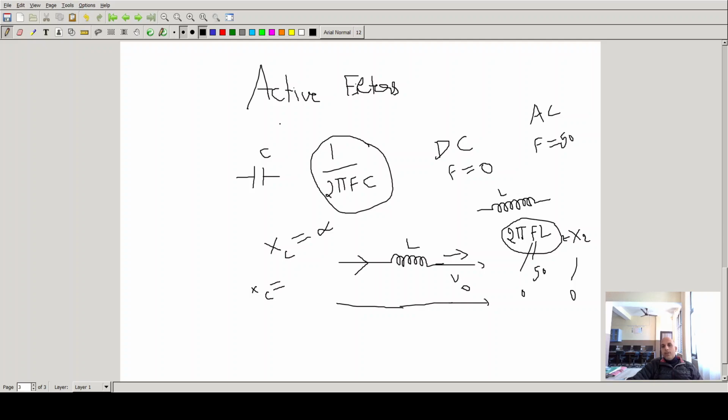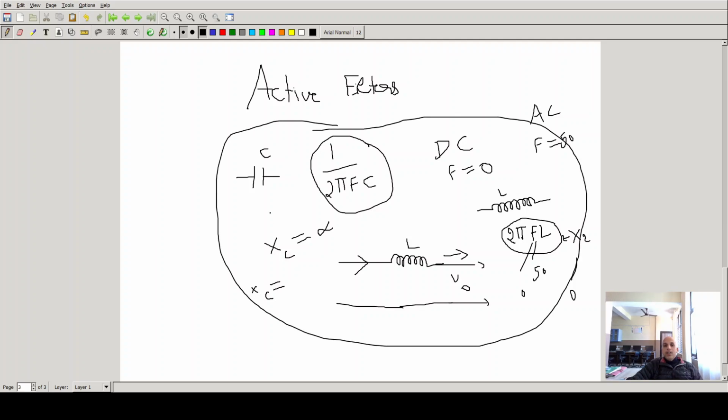So now I'm coming to active filters. We have learned the basic concept of filters, this capacitor and this inductor. So we learned that a capacitor should be connected in parallel, whereas an inductor should be connected in series if we try to block the alternating component in the signal, right? Now let's come to the active filters.